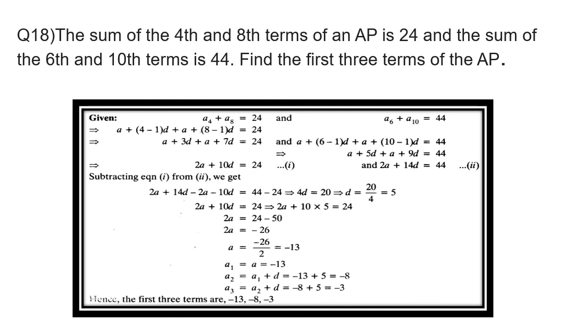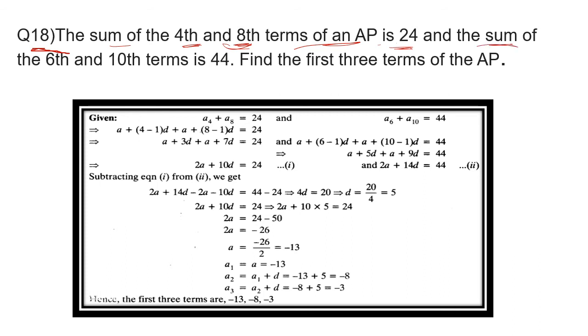This is question number 18, and it says that the sum of the fourth and the eighth term of an AP is equal to 24. The sum of both these terms is equal to 24.